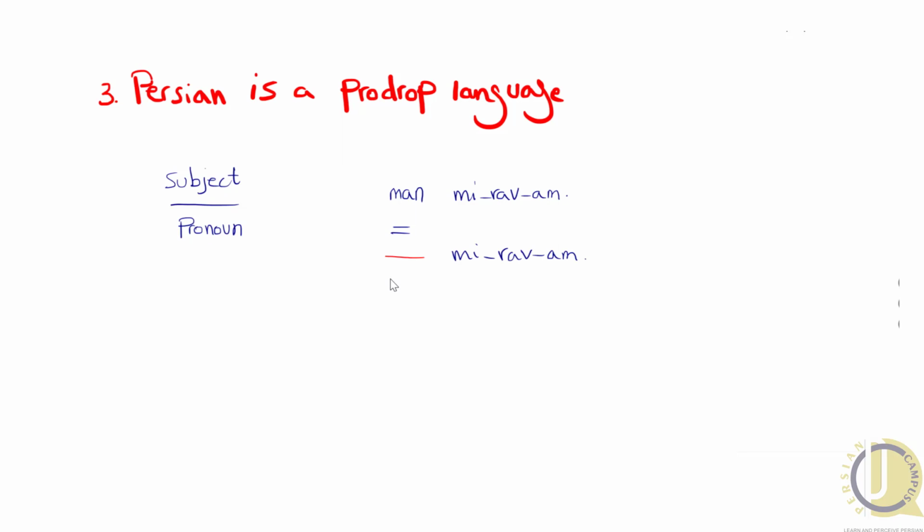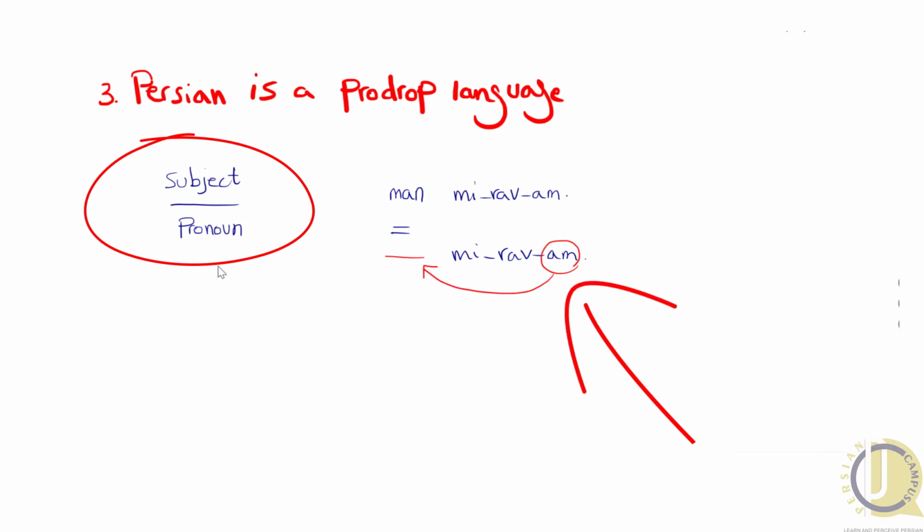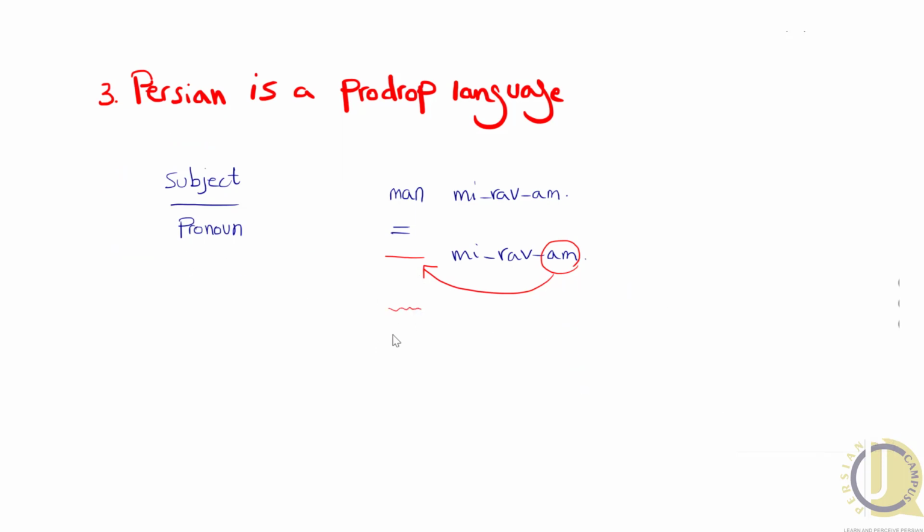It doesn't mean that there is no subject at the beginning. Rather, it simply means if the subject is a pronoun and needs not to be stressed, we can mute it. Because of the suffix at the end of the verb, you may infer the subject's person and number.